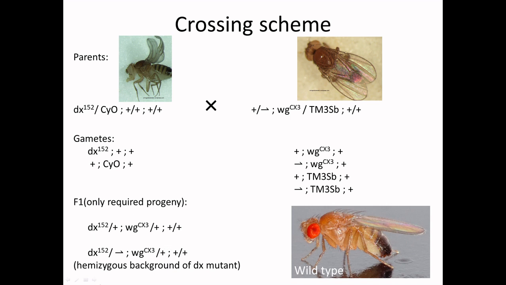The second progeny is very interesting, because this progeny is heterozygous with respect to the Wingless gene and hemizygous with respect to the Deltex gene. In this fly, the expression of Wingless has happened in the hemizygous background of Deltex mutant.